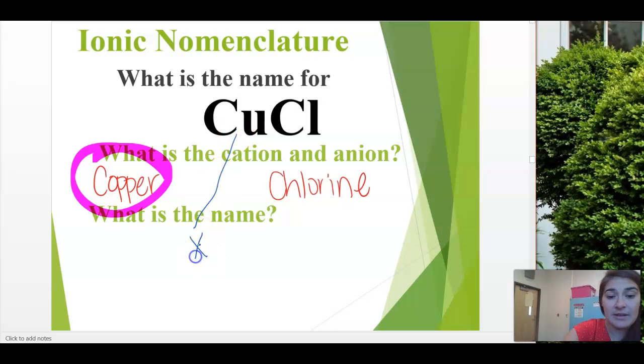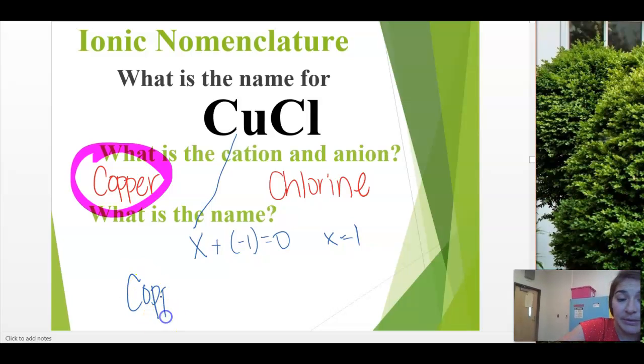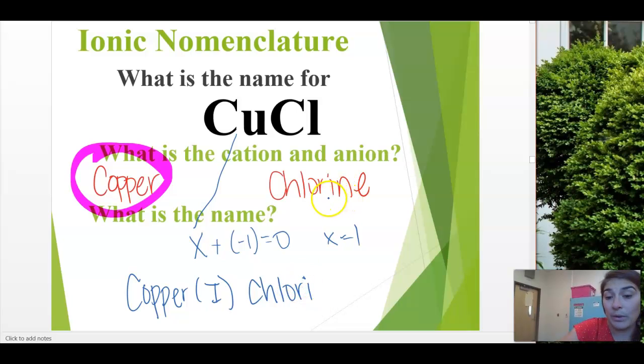This is our X plus the charge of chlorine, -1, equals 0. X equals 1. So when we name this one, it is copper 1 chlorine. And then remember, when we are naming it, the INE becomes IDE: copper 1 chloride. Again, always keeping in mind that the total positive has to be the total negative.